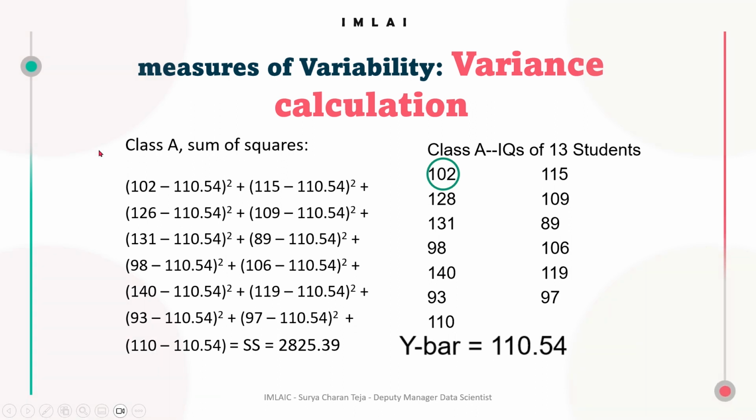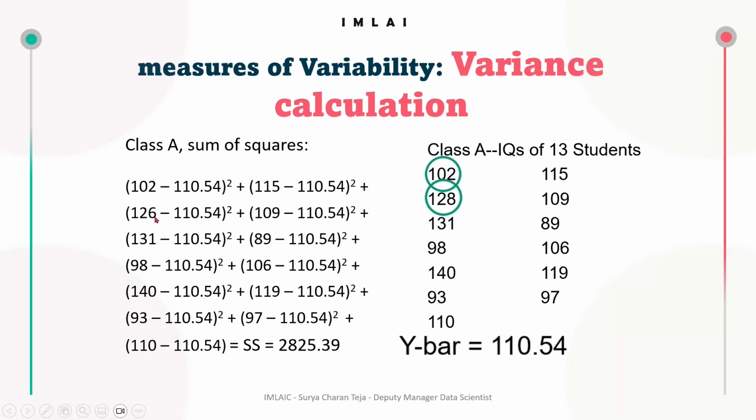So I will do 102 minus 110.54, whole square, so the negative value is suppressed. Then I'll go for 115: 115 minus 110.54, whole square.